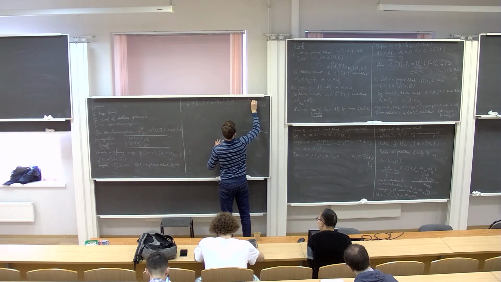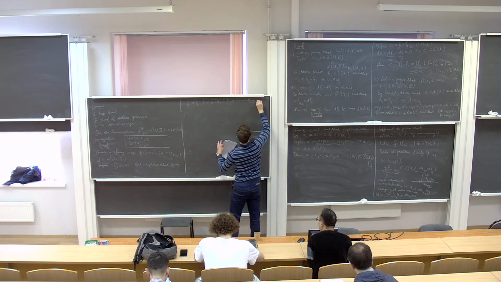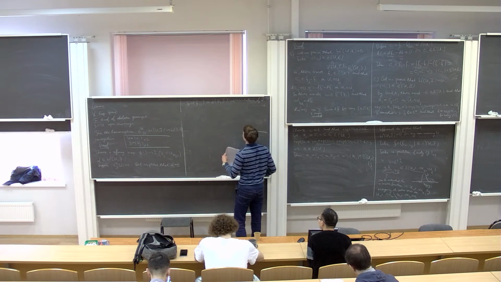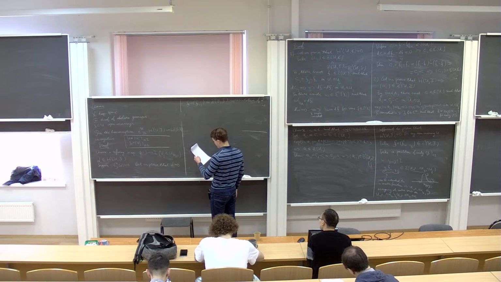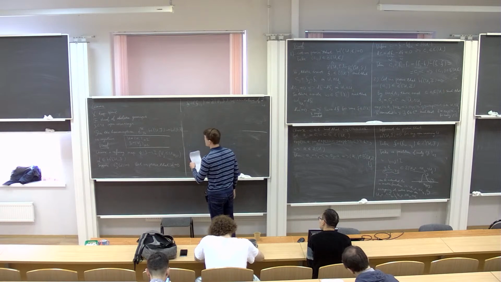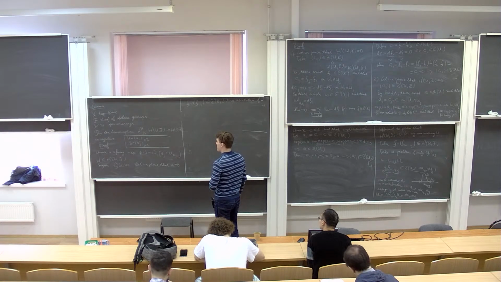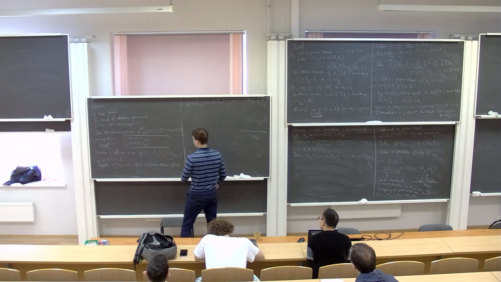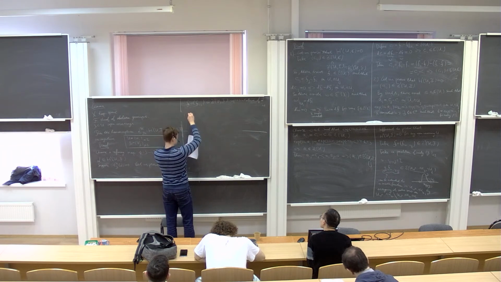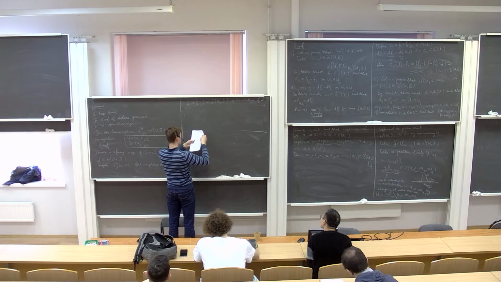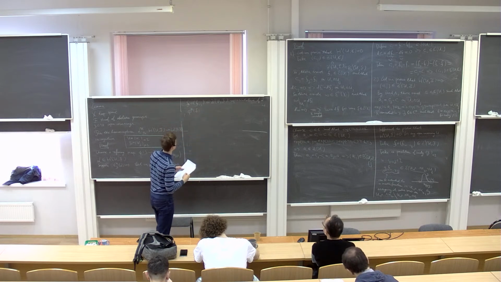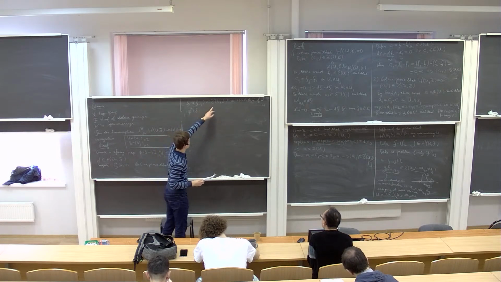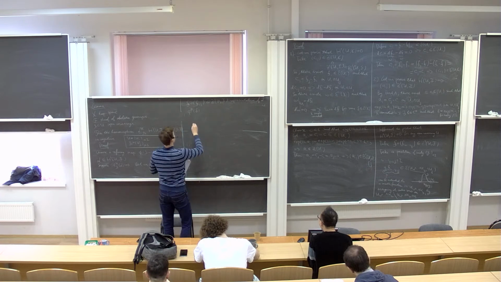Then just recall the restriction homomorphism. Then phi, we have the induced cocycle with respect to the open covering B.